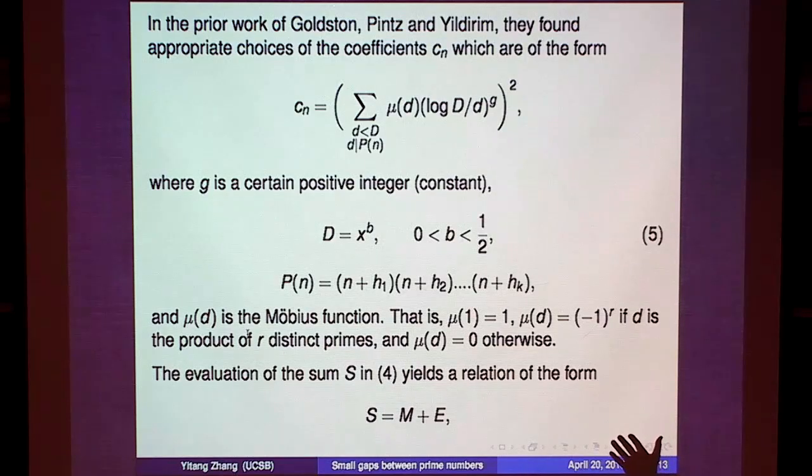Of course, it also depends on a lot of things. Here we have a capital D, which is a power of n. The exponent is b, where b is a constant between 0 and 1/2. Then the choice of n actually depends on many, many quantities.